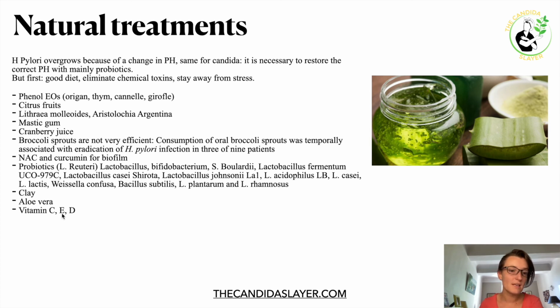For vitamin E and D, it can be by eating cod liver or drinking cod liver oil. Cod liver oil has both vitamin E and D. If you only want vitamin E, that can be with vegetable oils, especially wheat germ oil that is very rich in vitamin E. But you need to find a very good source that is cold press, organic, and so on.